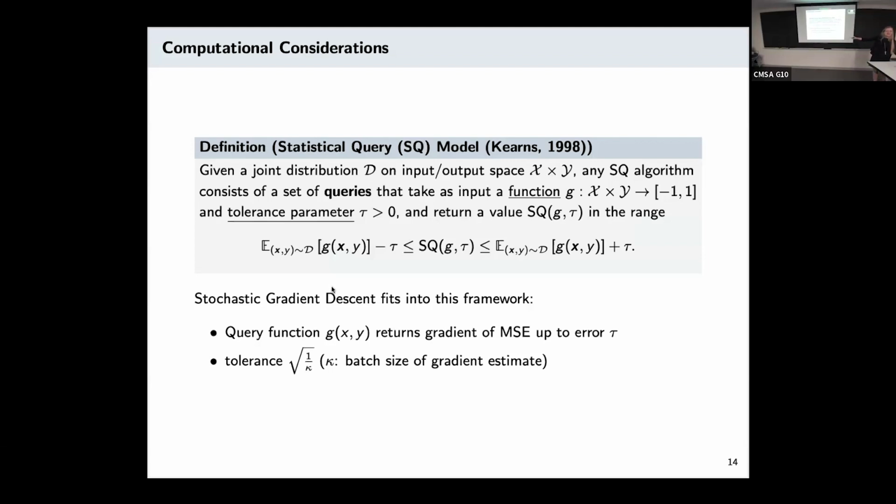And in the stochastic gradient setting, that error is typically controlled by hyperparameters, in particular the batch size. If we have a large batch size, that typically means we get a more accurate estimator. So if we analyze stochastic gradient descent as an instance of this setting, then our tolerance would be guided by the batch size.